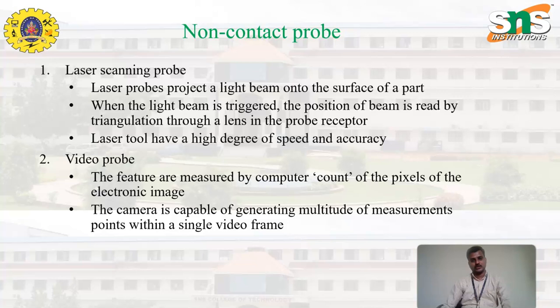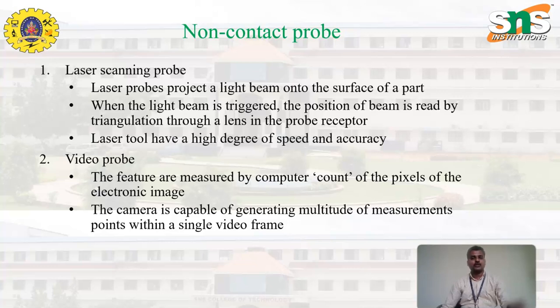The laser probe projects a light beam onto the surface, as in electric discharge machines where through the laser light we are cutting the object. The same here, the laser scanning probe makes the light fall on the surface of the part to measure it. Laser tools have a high degree of speed and accuracy compared to the contact probe.